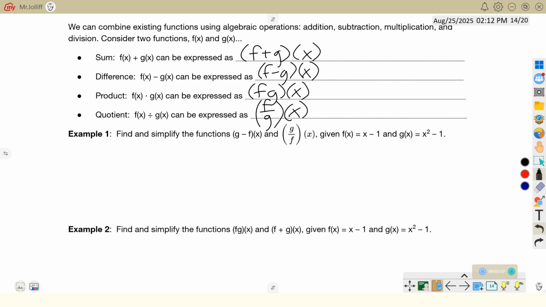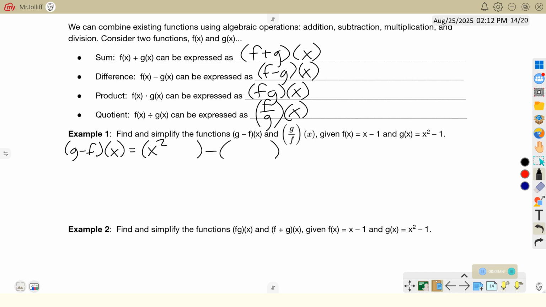So we're going to go ahead and start with g minus f. And it is what we think it is. I am going to take the function for g, and then I'm going to subtract the function for f. I just need to substitute in what f and g are. The first function is g, so I'm going to copy g.